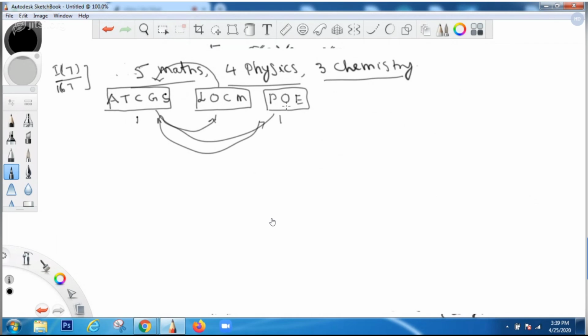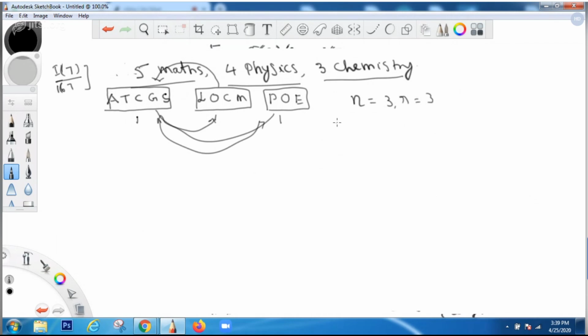So, how many bundles are there? 3. How many places are there for them? 3. So n is equal to 3, r is equal to 3.